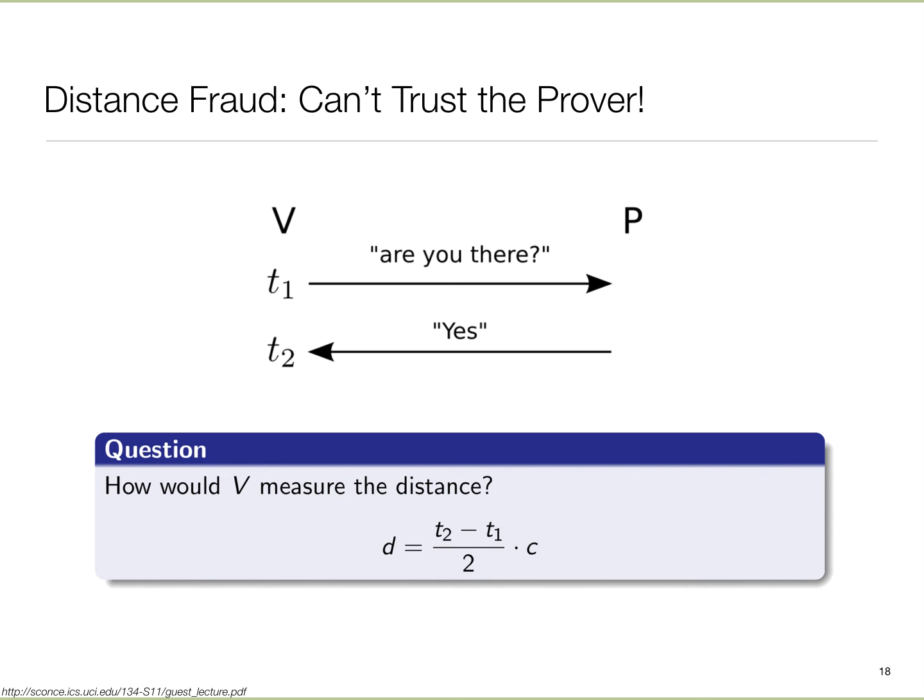So the issue out here is the following: how is the verifier measuring the distance? As I talked about earlier, for an outgoing message and an incoming message, let's say we know the turnaround time, that is 0, so we can measure the distance by saying T2 minus T1 multiplied by the speed of light. So it's the first-order model that we saw.